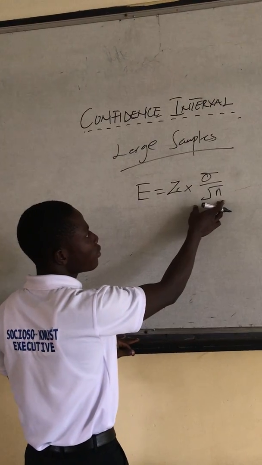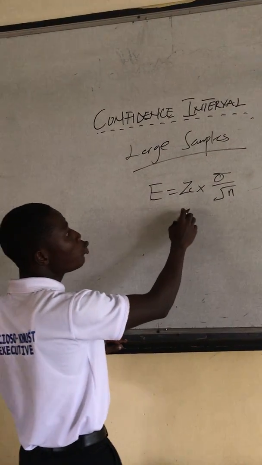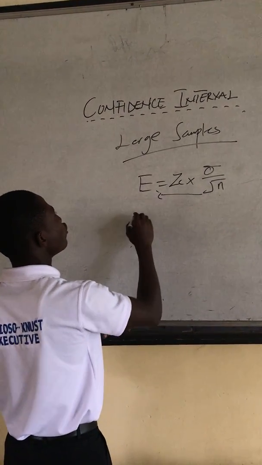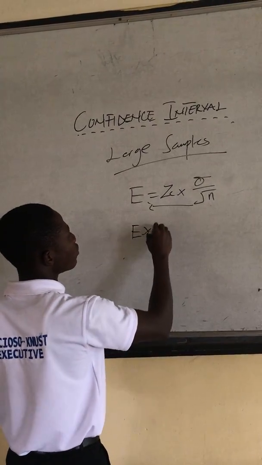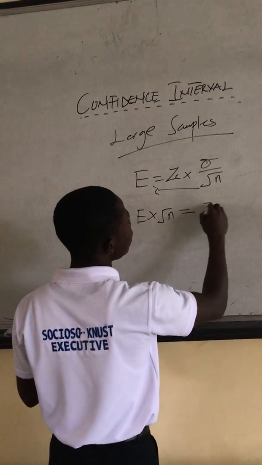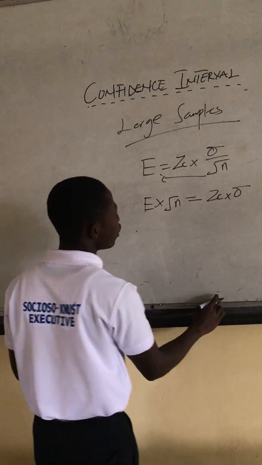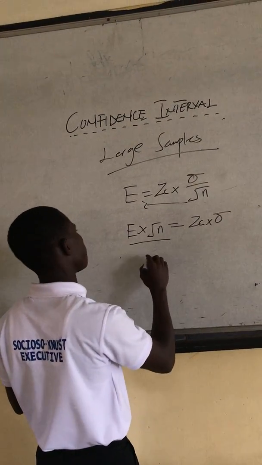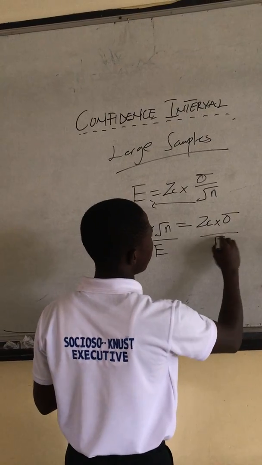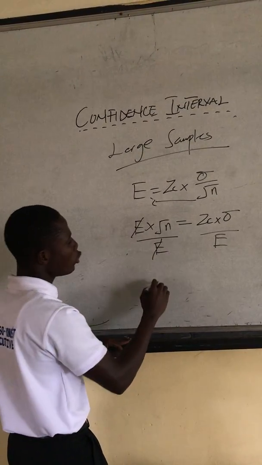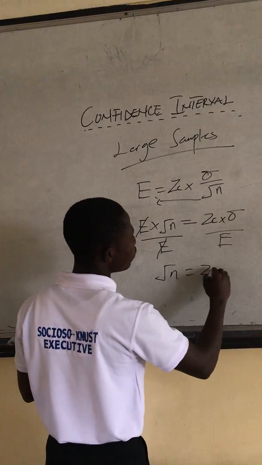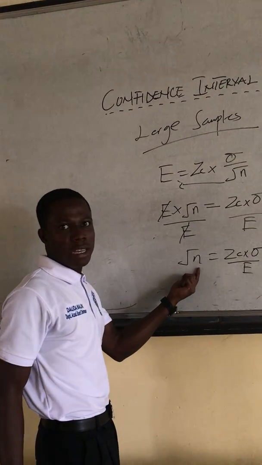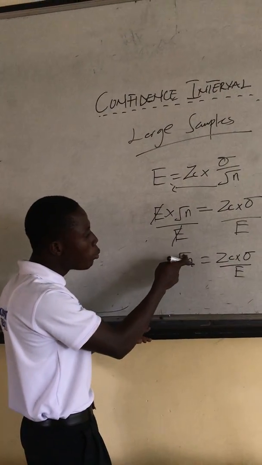By making this the subject, we do cross multiplication here. So we have E times root of n is equal to Z of confidence times standard deviation. We are making n the subject, so we group items, here by E, here by E. This E will cancel this E. So we have root of n is equal to Z of confidence times sigma over E. We want to make n the subject, and now we have root of n, so we have to remove the root.